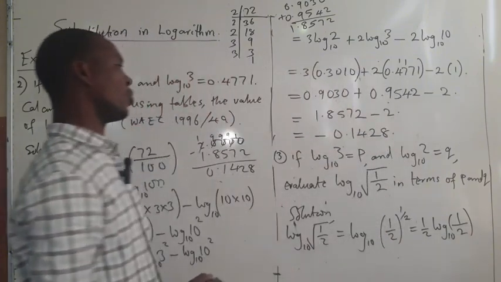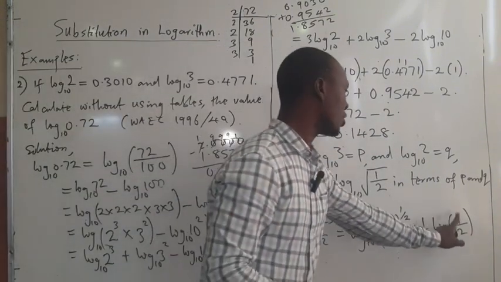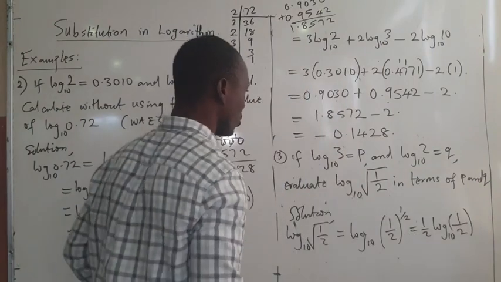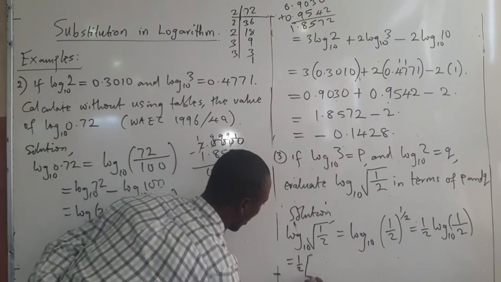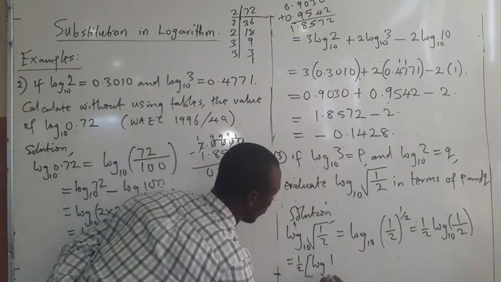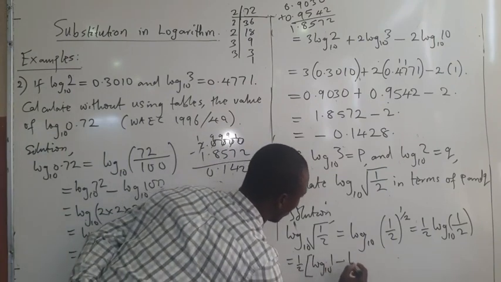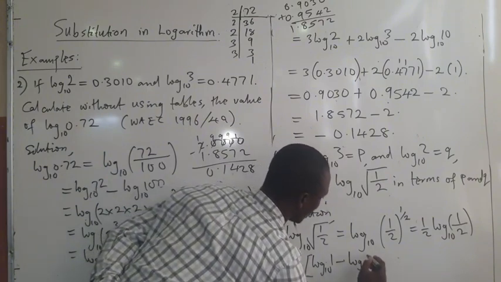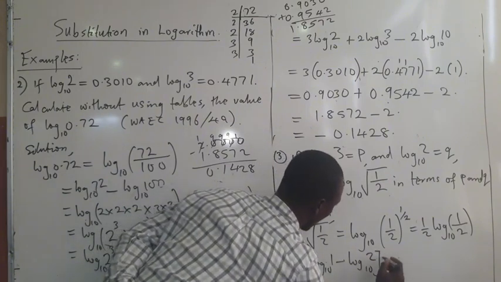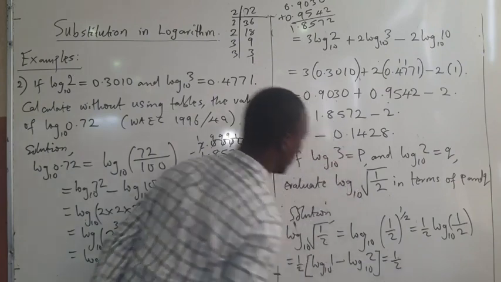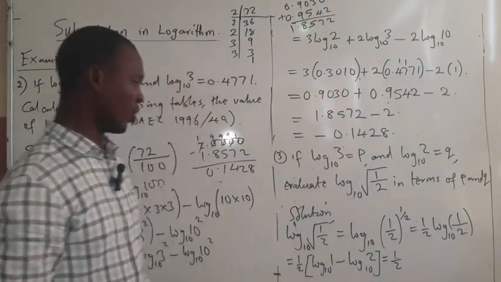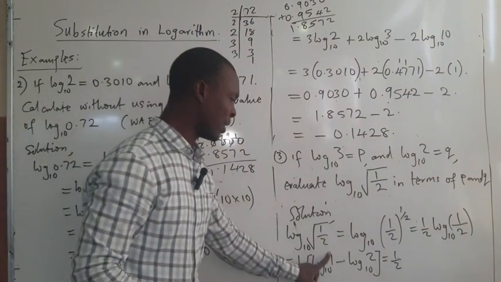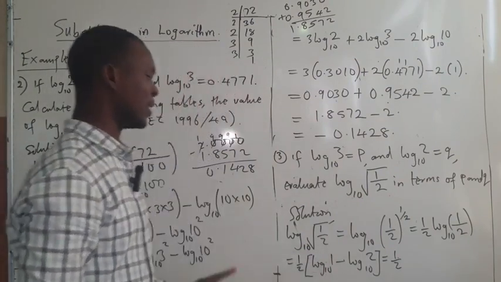So the next thing to do is to make use of the division law of logarithm. So which is going to be half, open bracket, log 1 base 10 minus log 2 base 10, close the bracket. Another law of logarithm is log 1 base anything is what? Is 0.